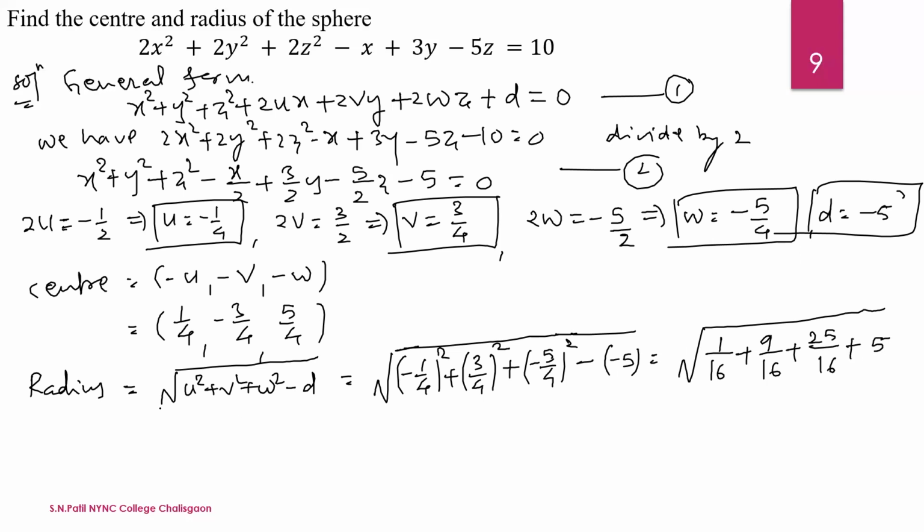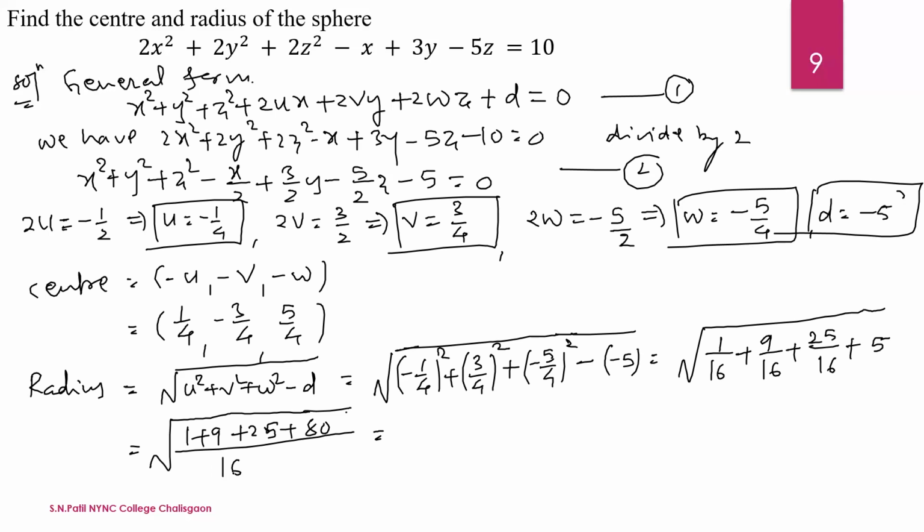Okay, throughout the LCM is 16. So how do we get the LCM? Multiply and divide here by 16. We get throughout 16, and here 1 plus 9 plus 25 plus, so here 16 is multiplied, that is 80.